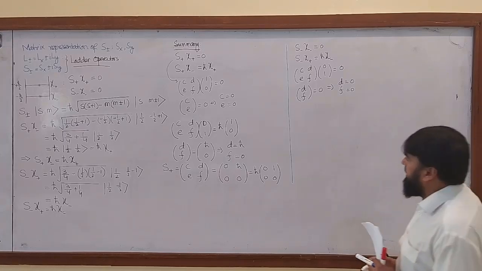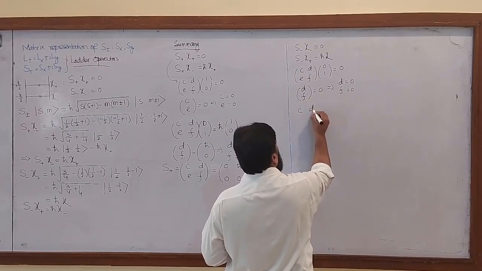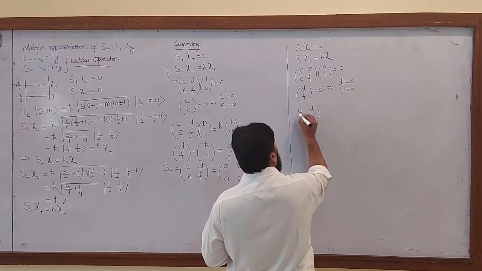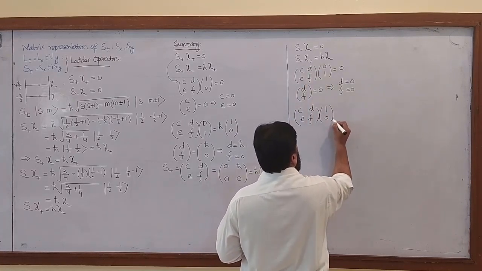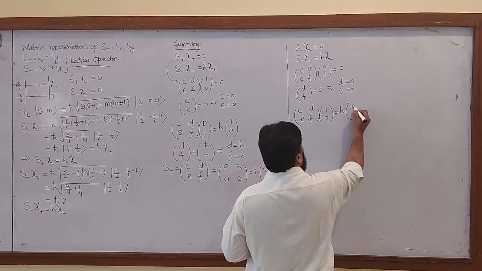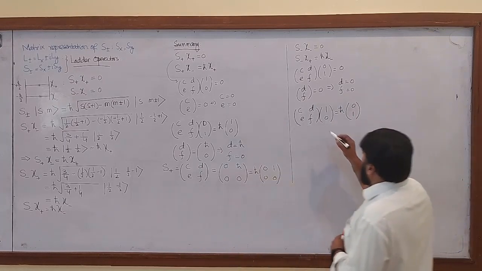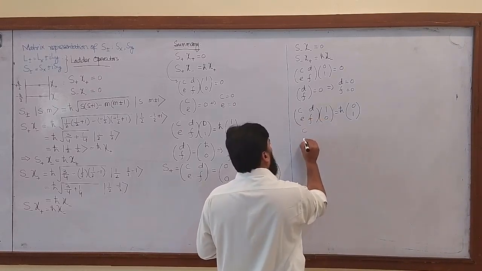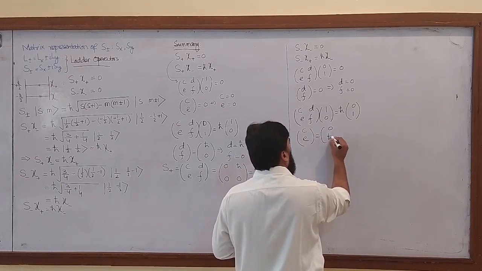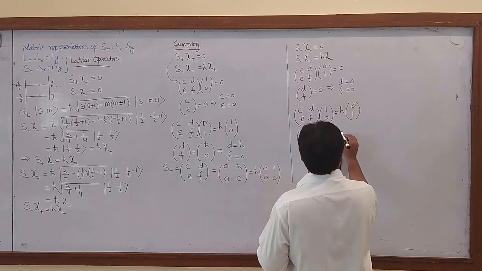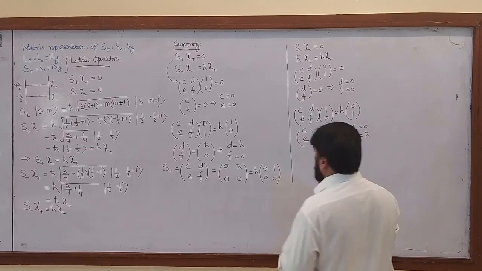Clear? Simple mathematics. And when I write the second one, C, D, E, F, when this operates on chi plus, which is 1, 0, we get h bar and chi minus, which is 0, 1. Here, C and E will remain, and this is 0 and h bar. So it means that C is equal to 0, E is equal to h bar.